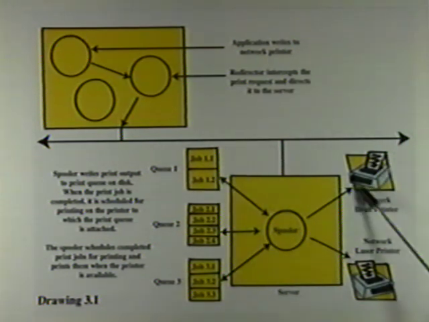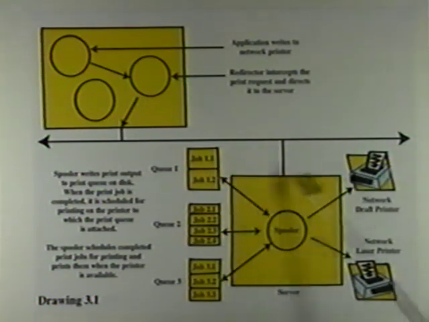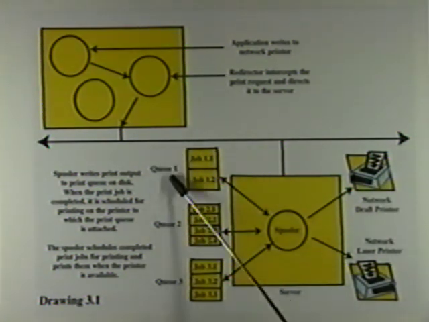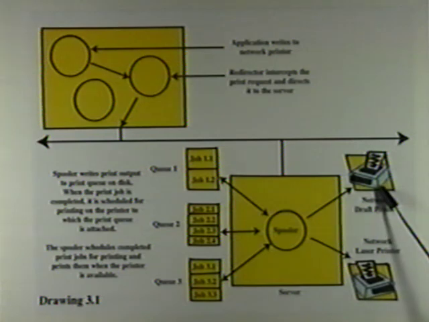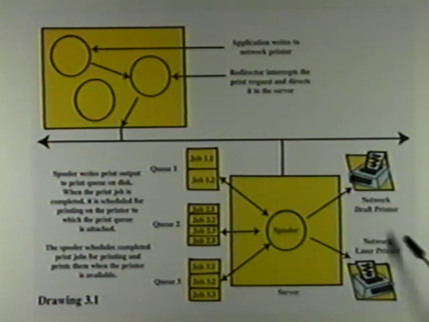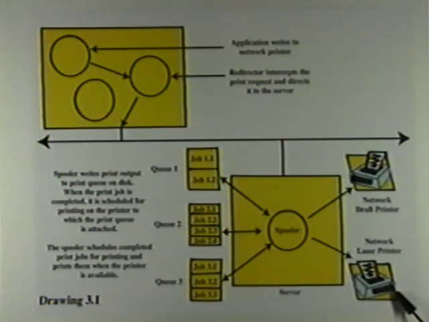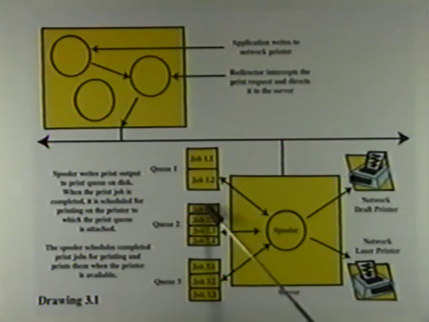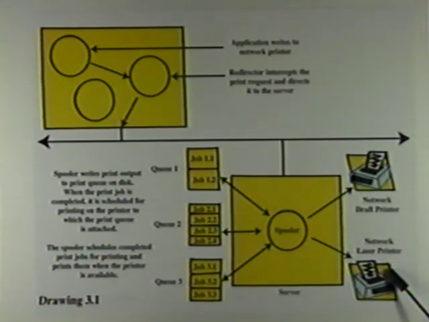Then, for the network printer that the job is intended for, maybe Q1 is intended for our draft printer, and Q2 is intended for our laser printer or our final quality printer. You might realize that the reason we have more of a backup in Q2 is because this printing takes longer to get the high quality.